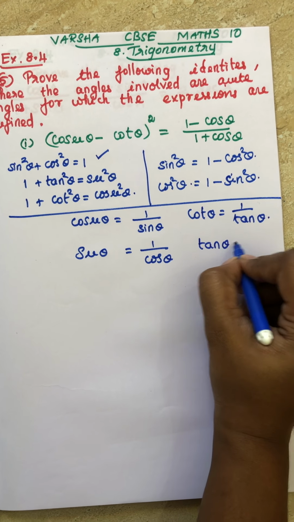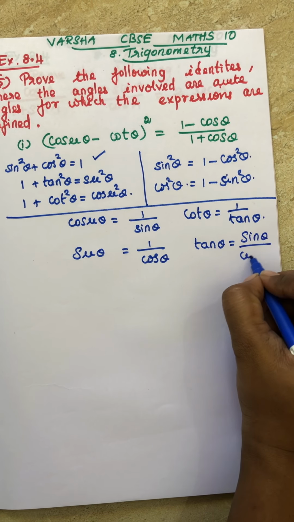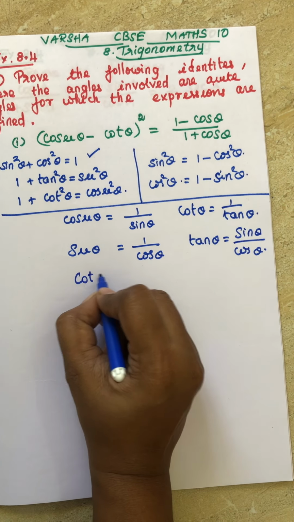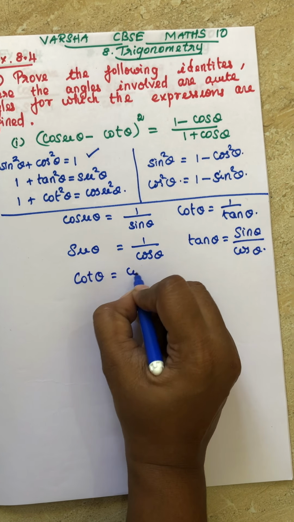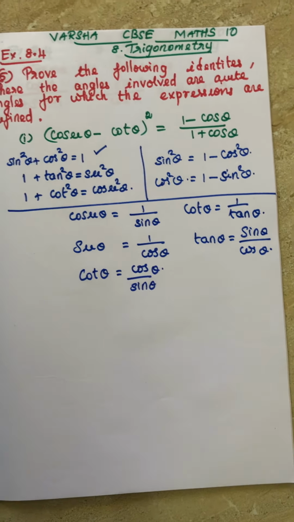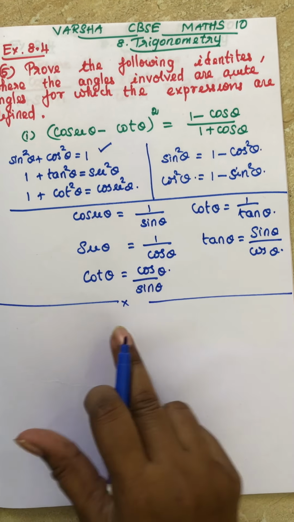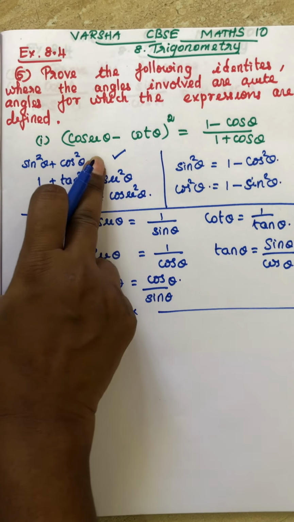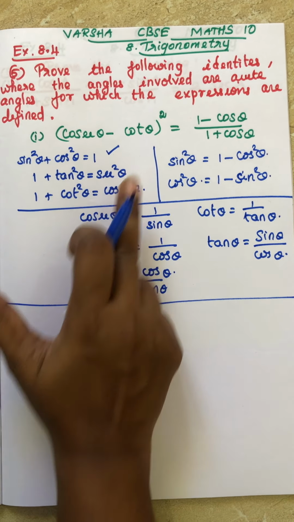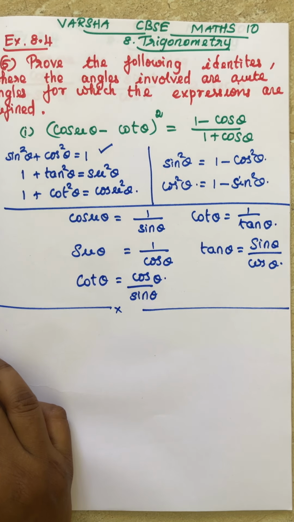And a special case, tan is equal to sin by cos, and cot is equal to cos by sin. So these are the important reciprocals. With these reciprocals we are going to do this sum. You have to know the reciprocals and identities clearly, so you can do the sum very easily, with simple steps.